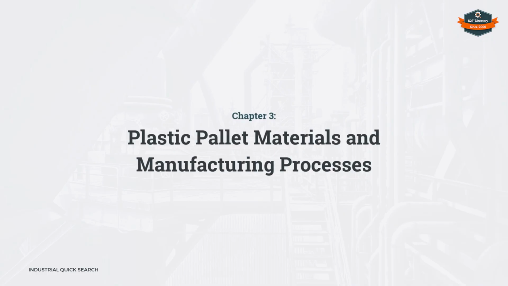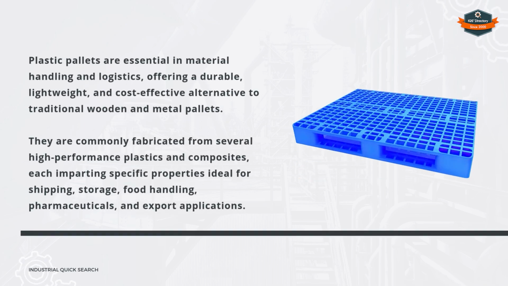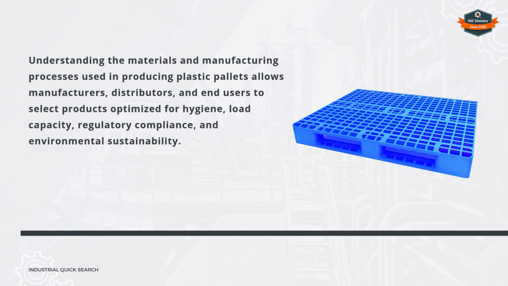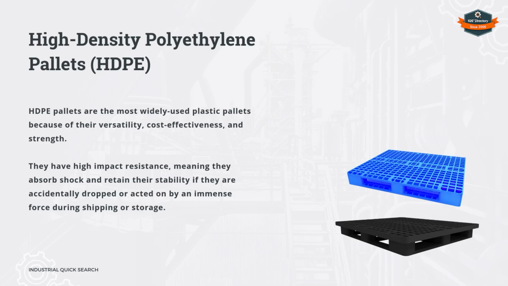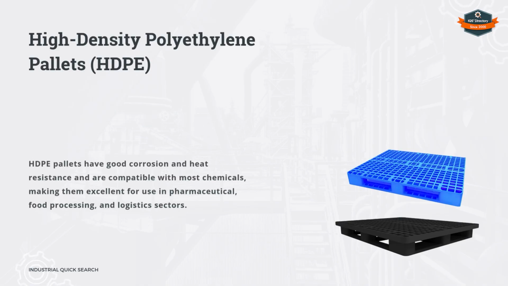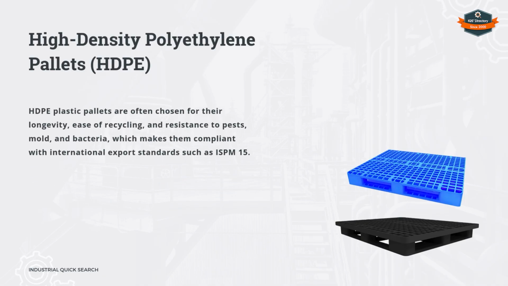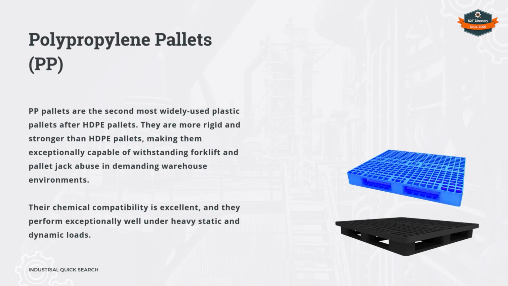Chapter 3. Plastic pallet materials and manufacturing processes. High-density polyethylene pallets. Polypropylene pallets.